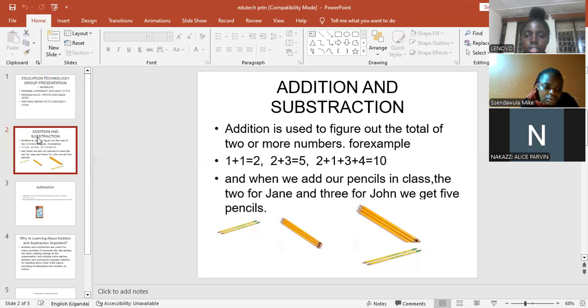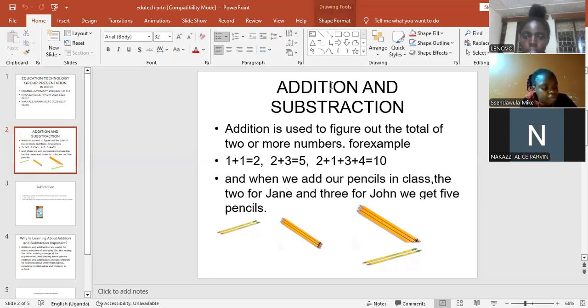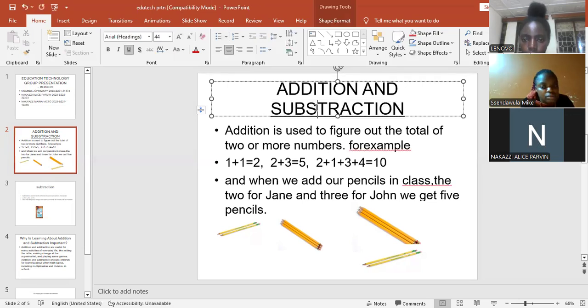In this presentation, we are going to tackle one topic, that is addition and subtraction. Maria Victor, can you really see that?